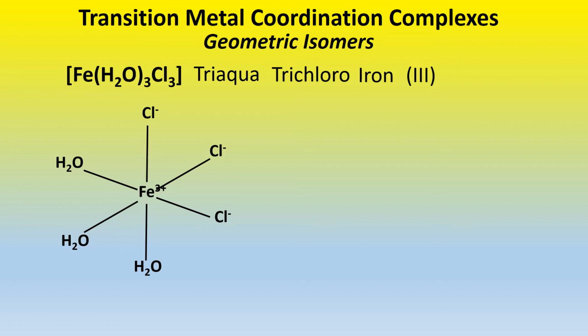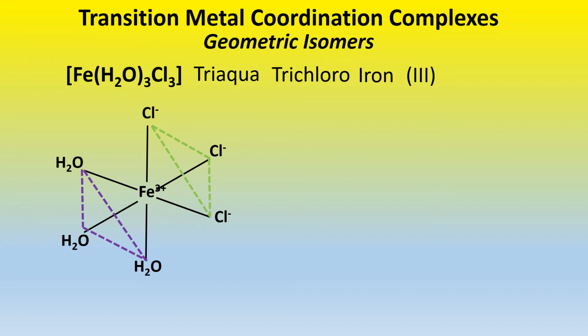If you look carefully in this drawing, you will see the 3 chloride ions form a triangle, and on the opposite side of the molecule, the 3 water molecules form a triangle.